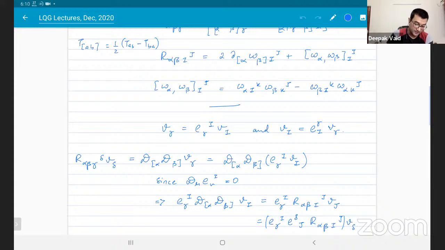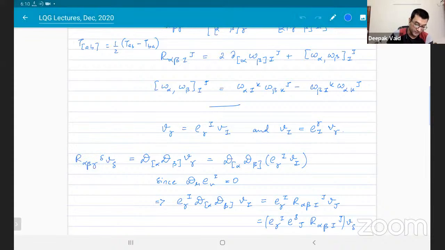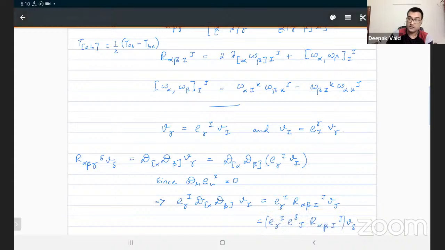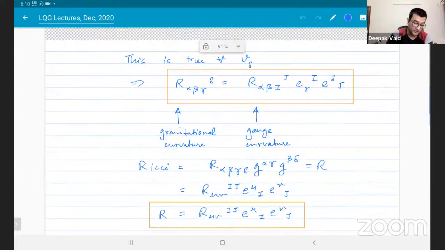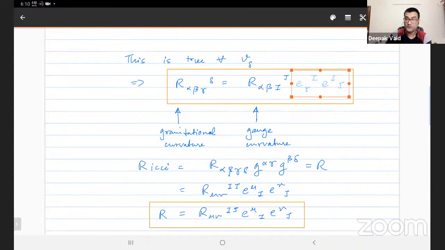We find that one can relate the Riemann curvature tensor to this gauge connection curvature tensor. The relationship is very simple and very obvious after the fact, since these two are simply related to each other by their soldering form.